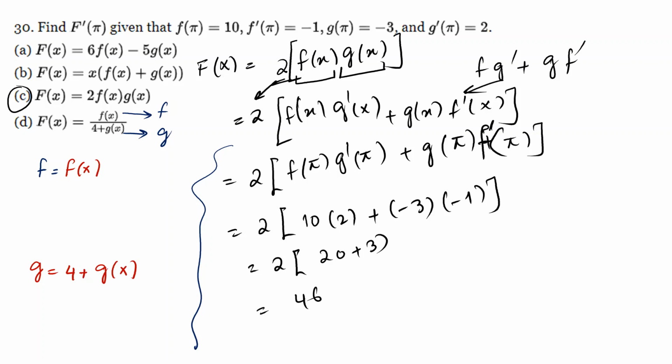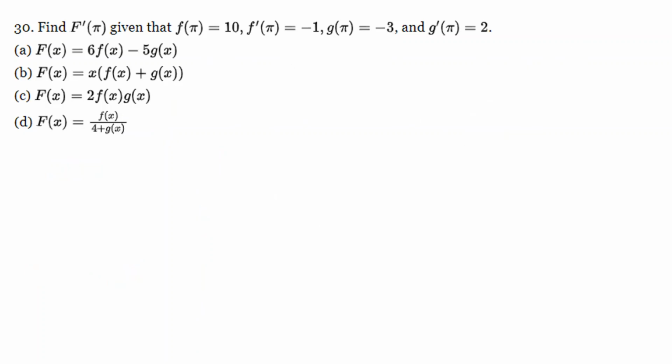Okay, let's do it in a clear slide. The D part states that we have a function which is written in the form of numerator and denominator. So the numerator is termed as f and the whole denominator will be termed as g according to our formula.